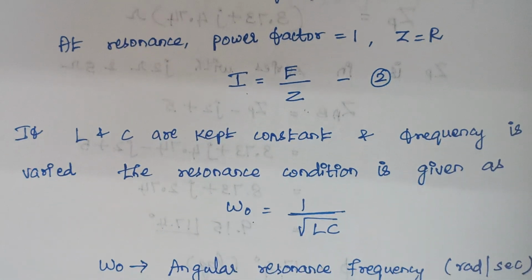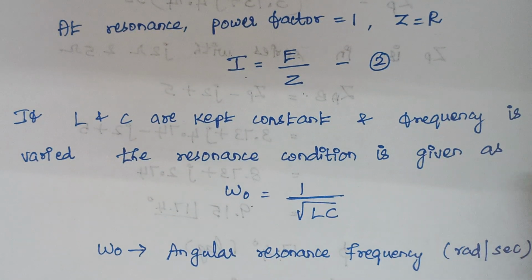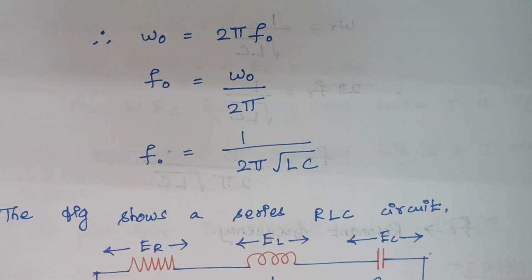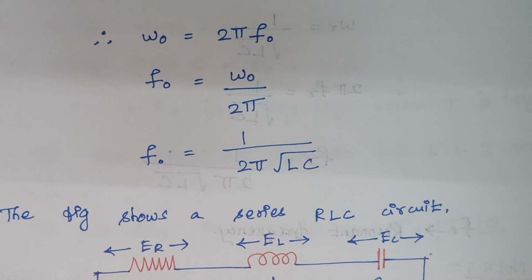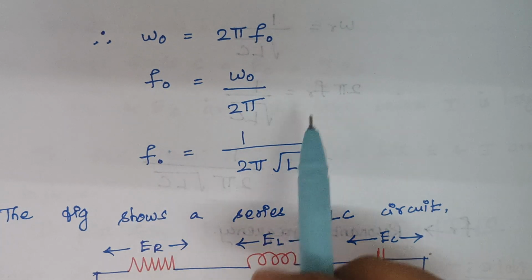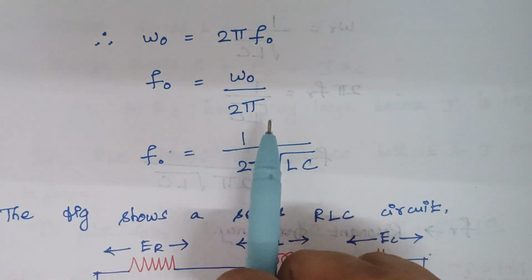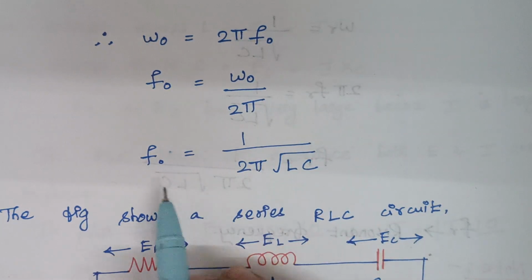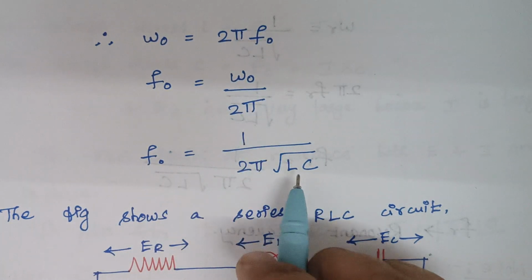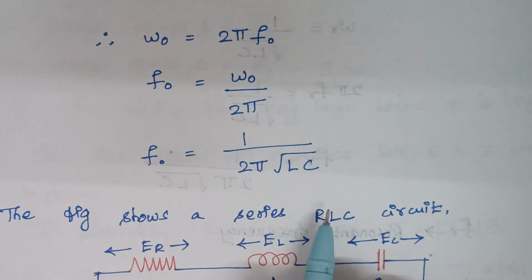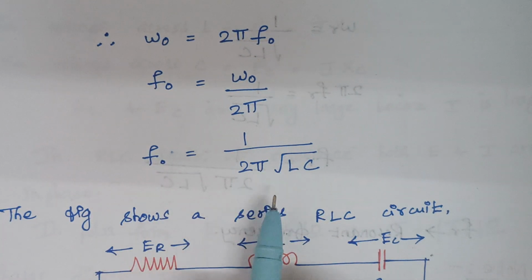As we all know, omega naught is nothing but 2 pi f naught. So f naught is given by omega naught by 2 pi, and omega naught is 1 by root of LC. Therefore finally f naught is given as 1 by 2 pi into square root of LC.